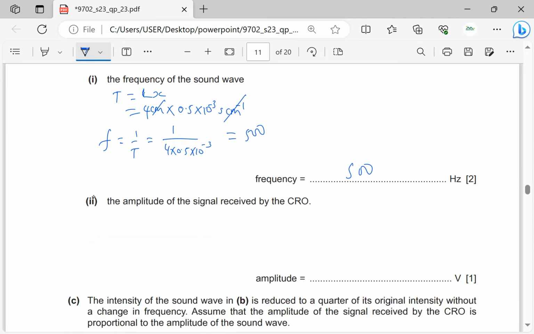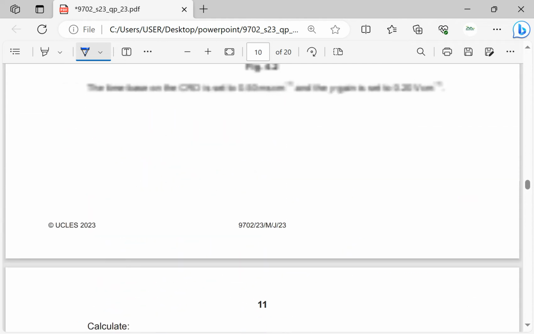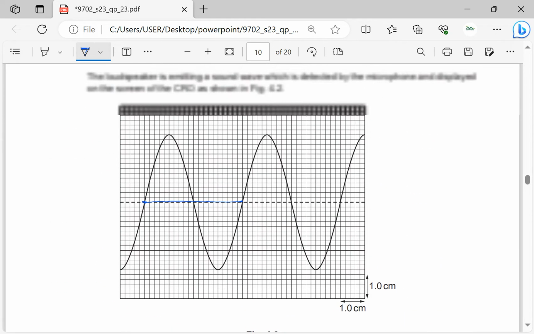Then the amplitude of the signal, the amplitude capital M, is simply going to be the length representing the amplitude times the Y gain, or the Y setting. What length represents the amplitude from the graph?